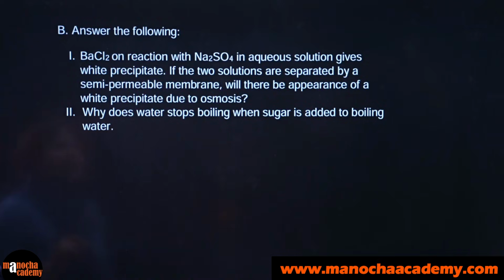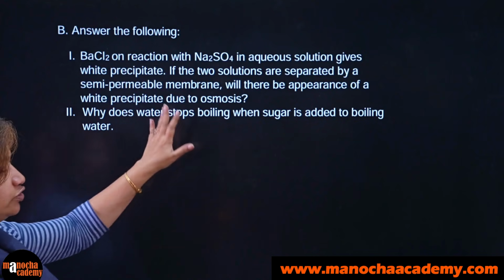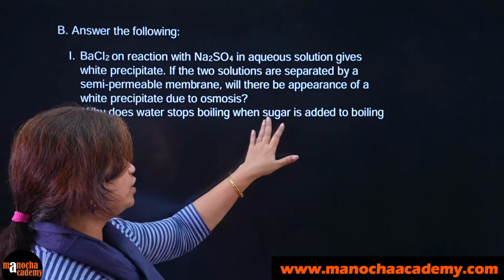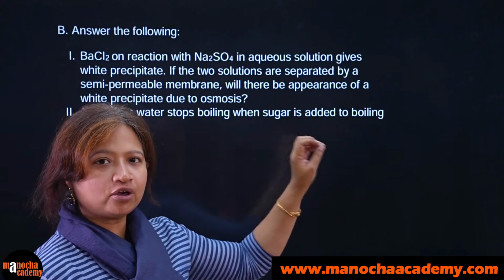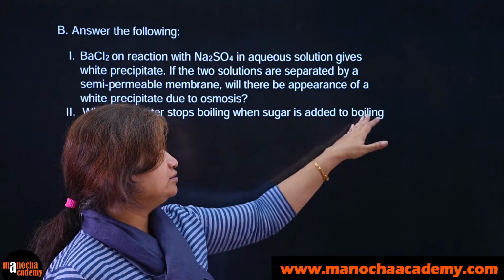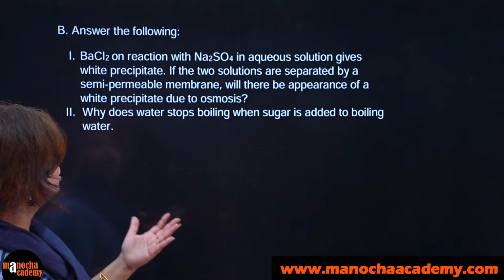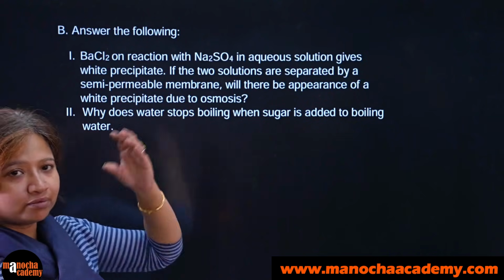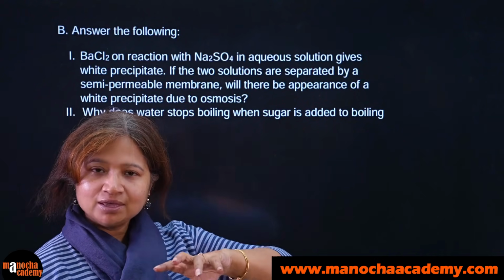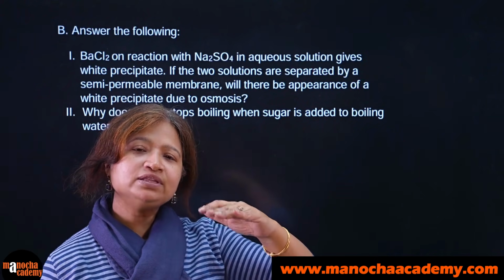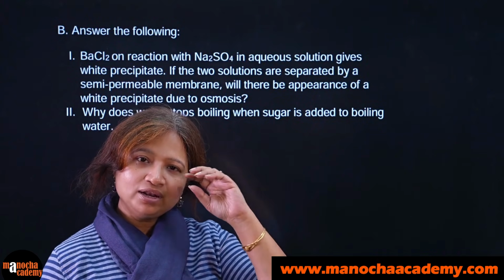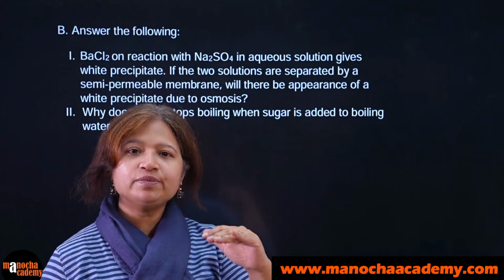Okay. Now, why does water stop boiling when sugar is added to boiling water? This question is the same as the previous question. Only you are going to add a non-volatile solid solute here, and since it's boiling, this leads to elevation of boiling point. Elevation of boiling point means, of course, it will stop boiling for some time, because boiling at 100 degrees centigrade means that at that temperature the vapor pressure becomes equal to the external pressure.